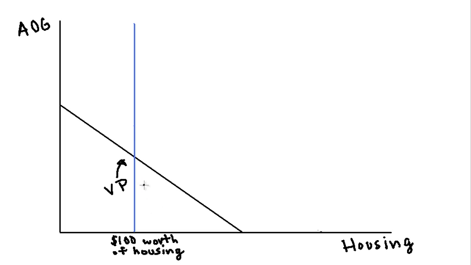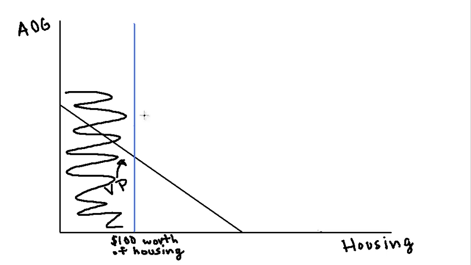But what exactly is going to be attainable now given our $100 housing voucher? Because we have this $100 housing voucher, we're not going to be able to spend anything less than $100 on housing. This means that everything to the left of $100 worth of housing is no longer attainable. Our budget line is going to have to start from this point.